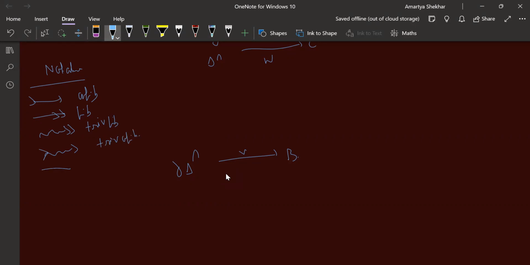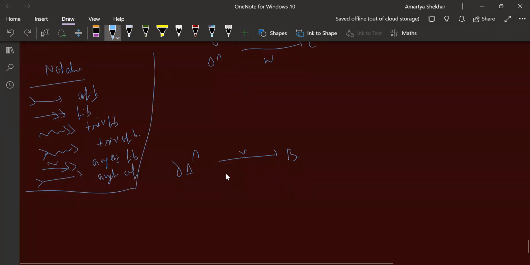I am intentionally distinguishing between acyclic and trivial cofibrations, so I'll have different notations for the arrows. So this is my acyclic cofibration. Again, we'll use the fact that this is cofibrant.